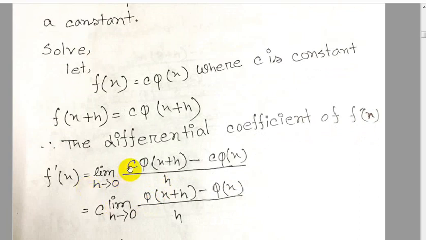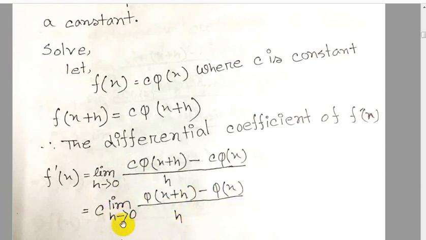Here we have put c as a common term and taken it out of the limit. We can take this c out of the limit because c is a constant, number one reason, and another reason is c is not dependent on h, where h is going to 0, which will not change any property of c. Therefore we can take c out of this limit function, and this becomes c limit h tends to 0 phi of x plus h minus phi of x divided by h.